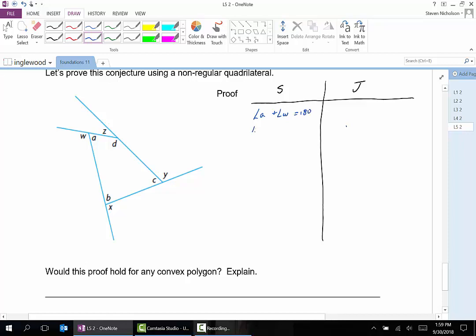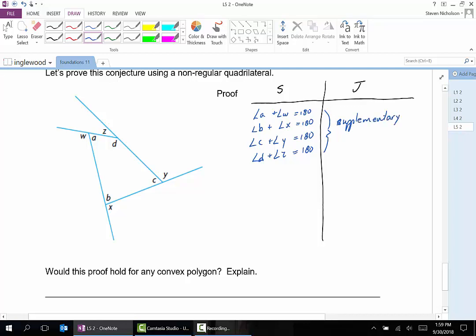And all the way around, angle B plus angle X equals 180. Angle C plus angle Y equals 180. And finally, angle D plus angle Z equals 180. And that is because angles on a line are supplementary, so I'll put supplementary.